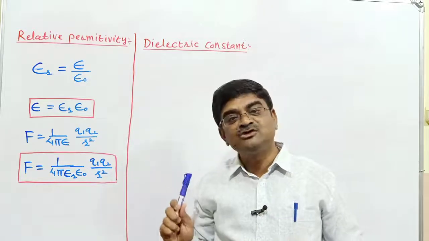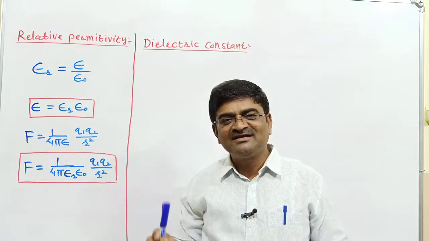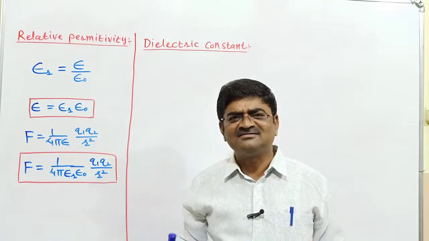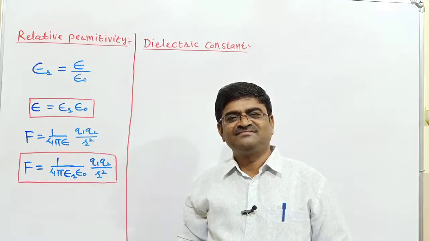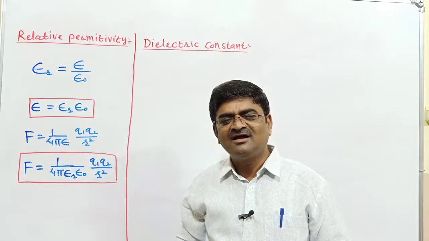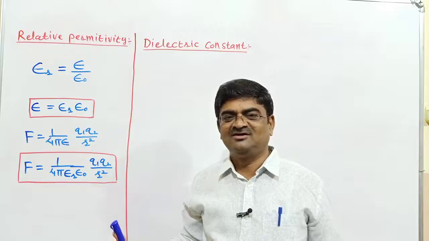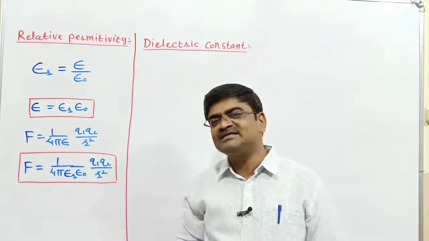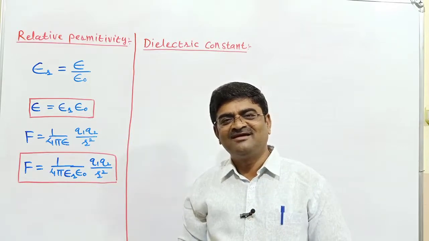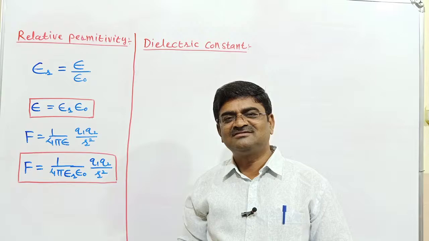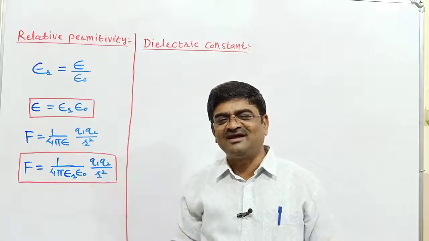Insulators are also called dielectrics. Insulators, bad conductors, are called dielectrics. The constant talks about the ability of the insulators to allow for electric interaction. Remember that through an insulator you don't get charges moving. There are no free charges in an insulator.